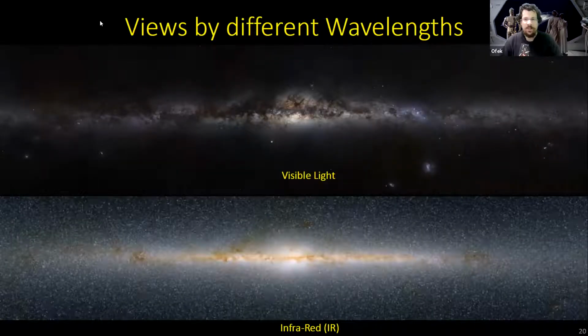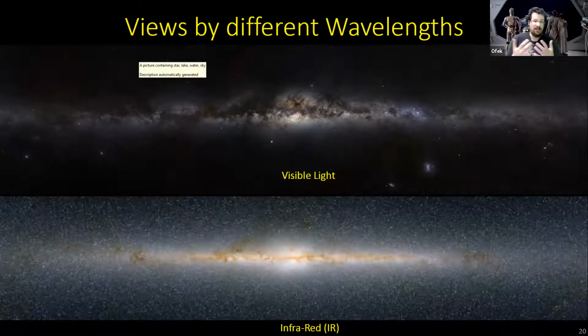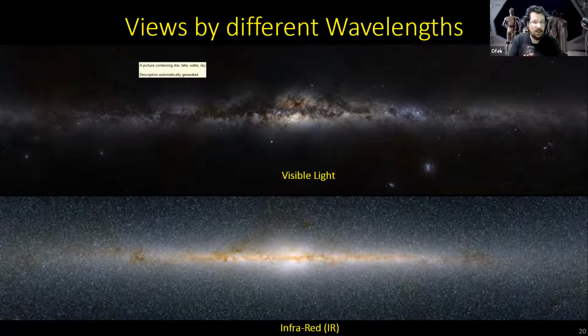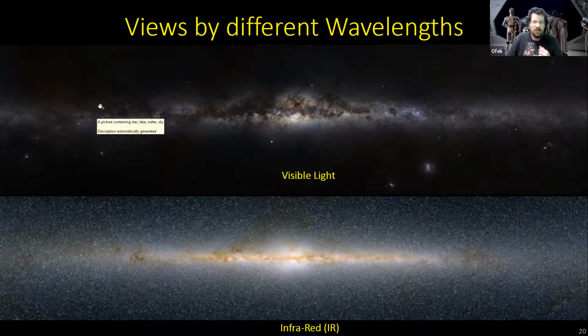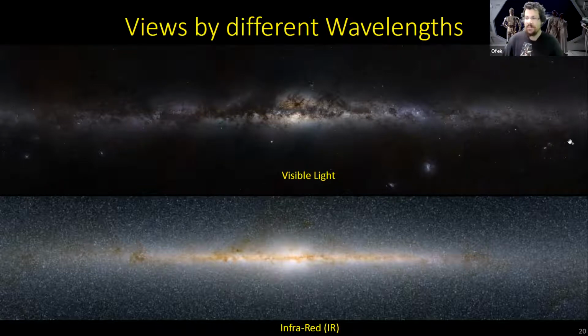Okay, we talked about the effects of dust and gas on what the galaxy looks like in visible light. Basically, the dust lanes obscure the next spiral arms or the stars far away from us. And here we can see an example of that. In visible light, the galaxy looks just like it would if you looked at the night sky from someplace far from the city. If you went to the Negev desert or somewhere, and looked in the sky, this is basically what you would see.